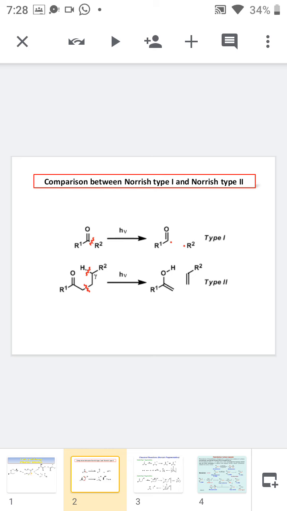In some examples, both Norrish type 1 and Norrish type 2 are possible, but in that case we have to give the first preference to Norrish type 2. See here in this second example, alpha cleavage is also possible, but we have to give more importance to the gamma abstraction, that is Norrish type 2.